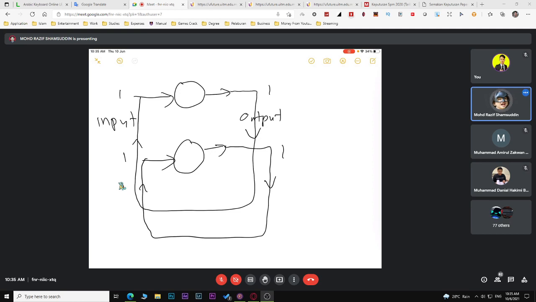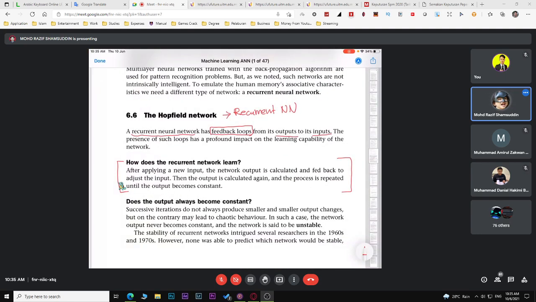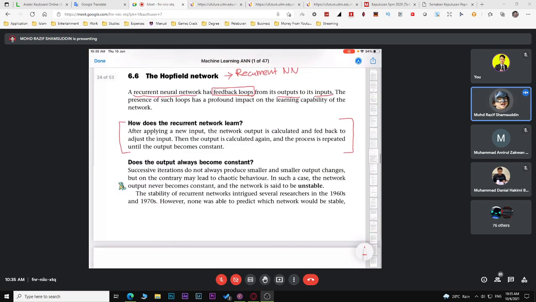Okay, meaning that most probably during the earlier iteration of the input and output may not produce the same output. Maknanya mungkin output dia lain awal-awal, dan akhirnya selepas beberapa iteration, output dan input dan output ni adalah sama. So dia stop lah. Kalau dia sama. So that is how the network learning occurs.